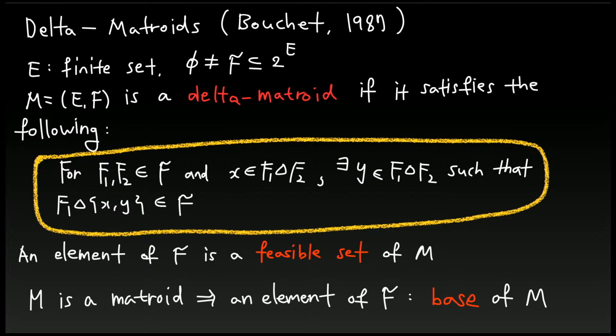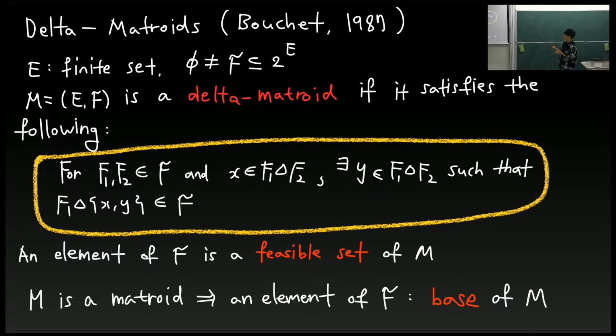So there are many combinatorial objects satisfying the symmetric exchange axiom. It seems natural to come up with an abstract object with this property. So Bouchet defined the delta-matroid. E is a finite set and F is a non-empty collection of subsets of E. Then a pair (E, F) is a delta-matroid if it satisfies the symmetric exchange axiom.